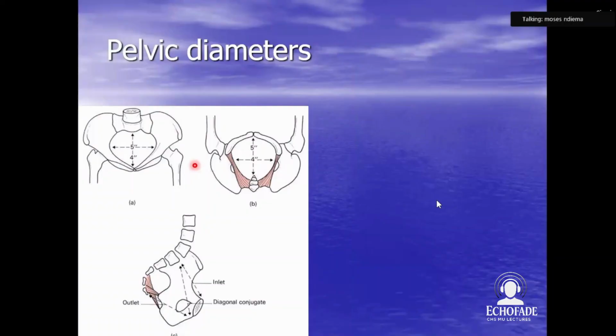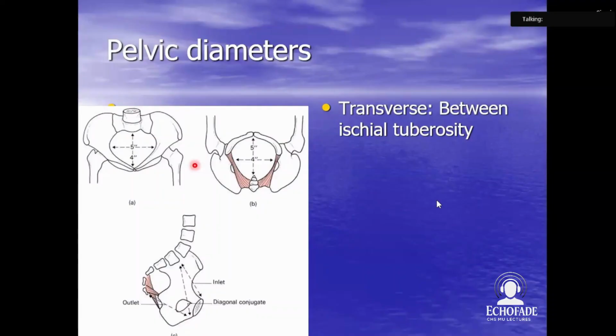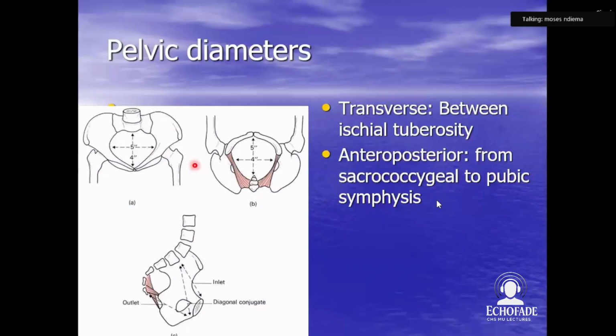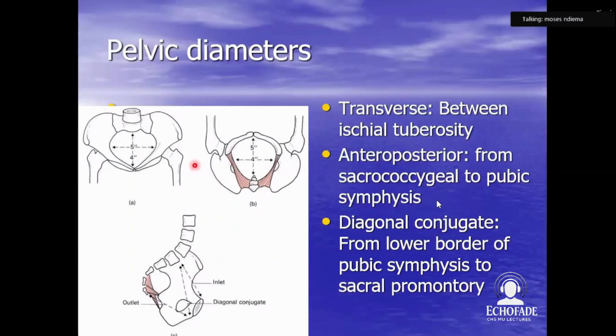They'll talk about pelvic diameters, that is for gross anatomy, which are very important during reproduction, during delivery. So you need to be very aware of these diameters during delivery: the diagonal conjugate diameter, the transverse diameters, and true conjugate diameters.